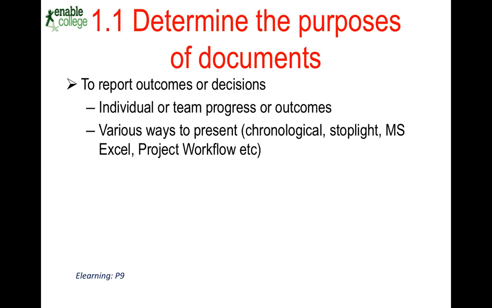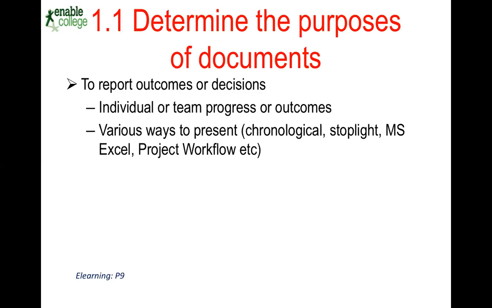Green means everything's on track to meet the milestone that you've set. Orange means that there are some issues, but we should be okay. Red means that it's stopped for whatever reason. You may run out of resources, funding, personnel, whatever. So hopefully you get the idea.